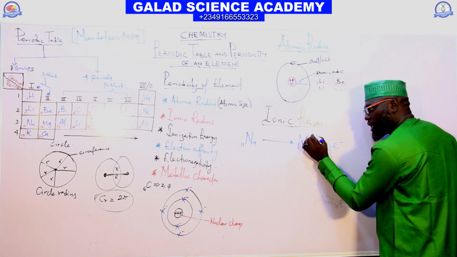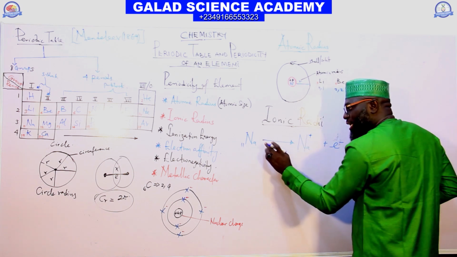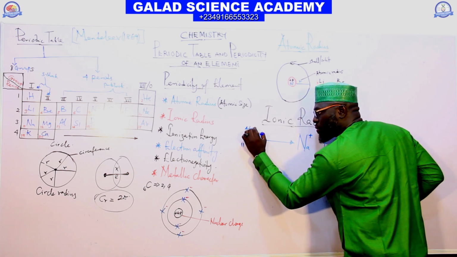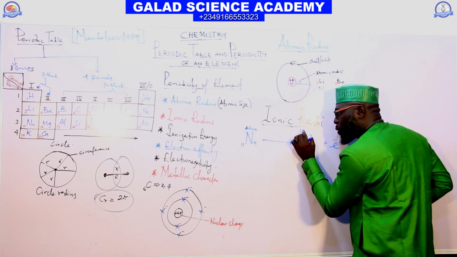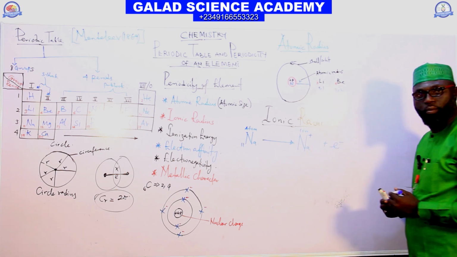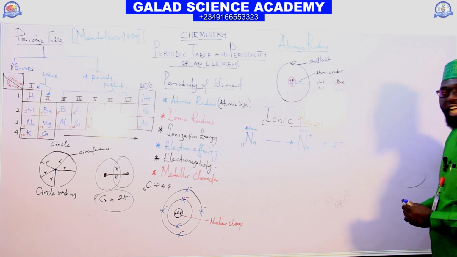You lose it, and it becomes sodium plus. So this one is what we call an atom, and this one is what we call an ion. It becomes an ion by carrying charge, abi?